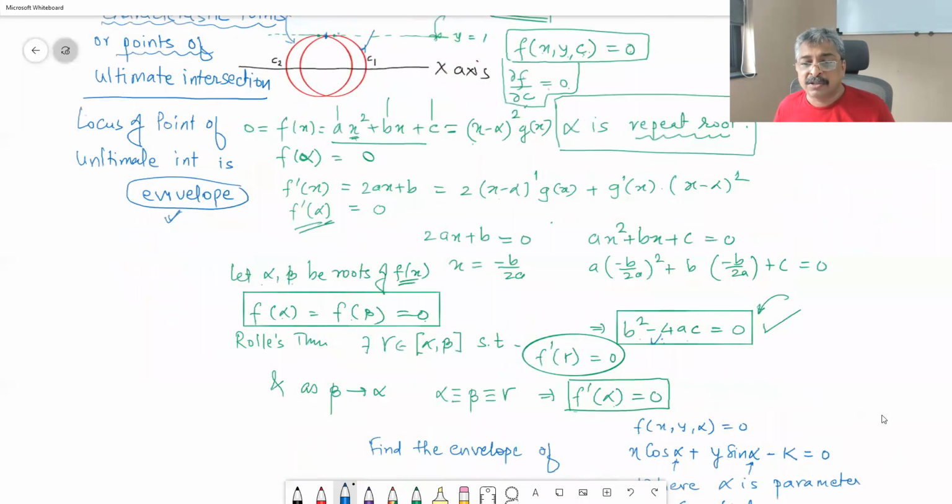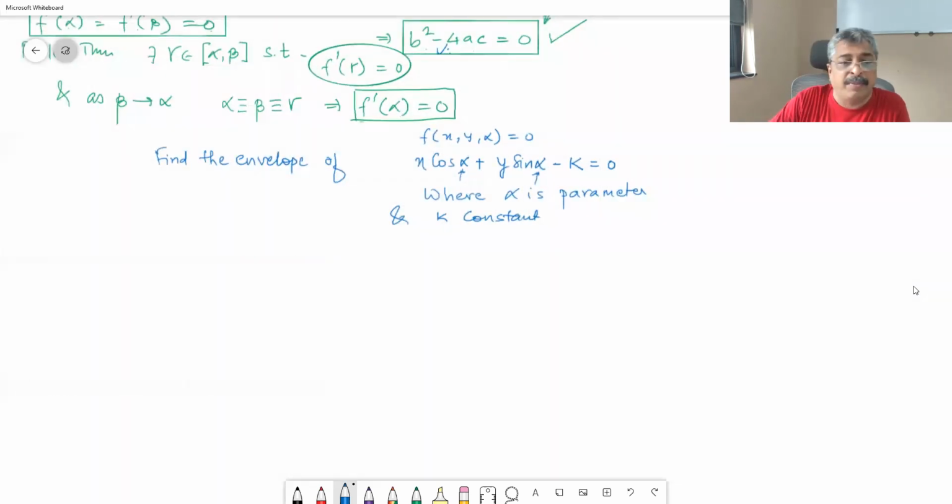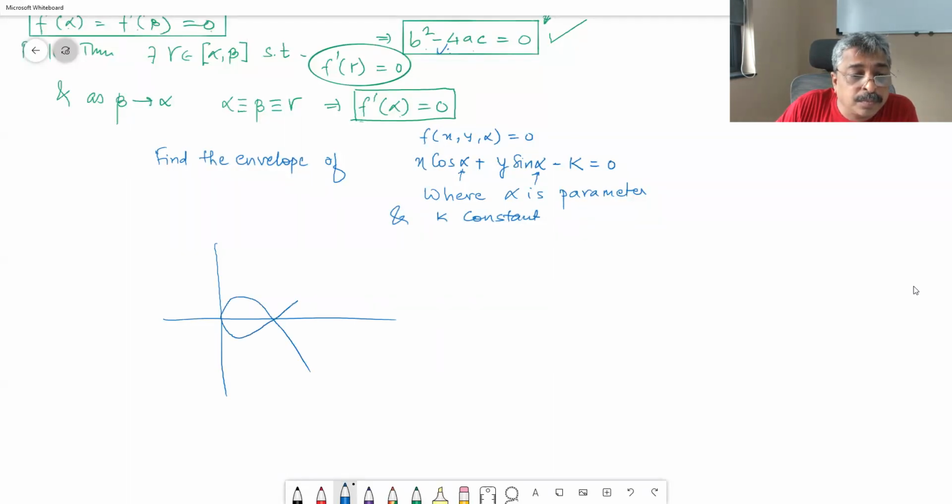However, I will just brief you about some additional things which are going to happen. Say for example, we have drawn this curve. So the equation of this curve is f of x comma y comma c is equal to 0, and you end up having a point here where one arm is going to give you this tangent and another arm is going to give you another tangent.